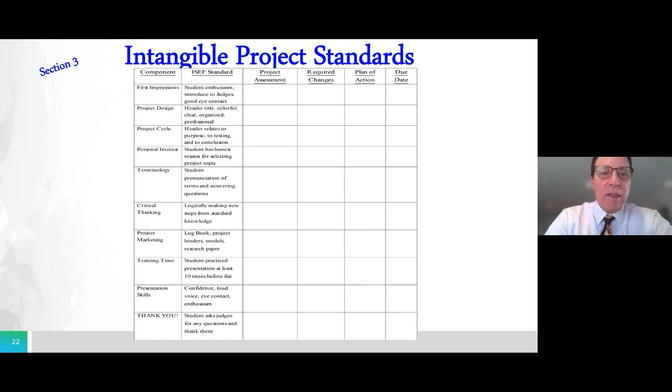Critical thinking: if a judge asks you a question, try to process how to get to the best answer possible. Project marketing is really important because you want to make sure that you sell your project, right? That you give the judges enough information outside of what your board says, but how everything looks and what this can do in the future.